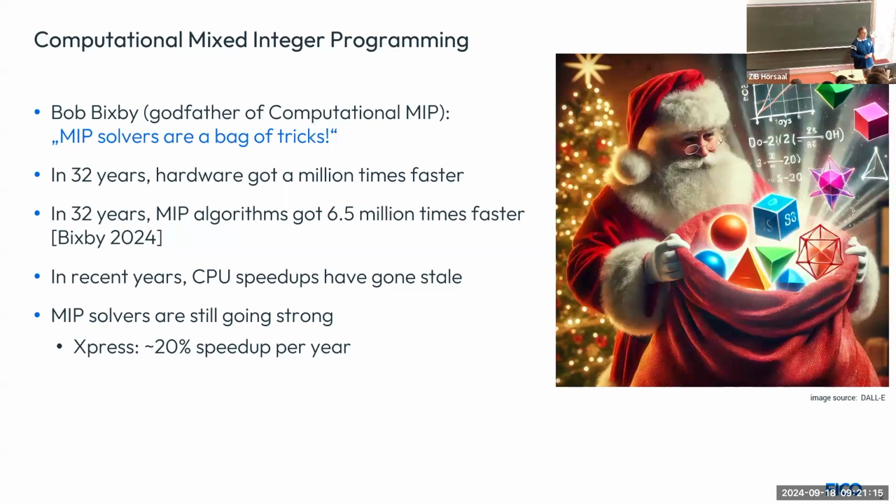Definitely when it comes to single cycle or single thread speedup, we've just hit physical limits at this point. CPUs go more and more parallel, but definitely not at the speed they did previously. And of course, there's new hardware coming up. I won't cover this today at all, but the MIP solver development is still going strong.